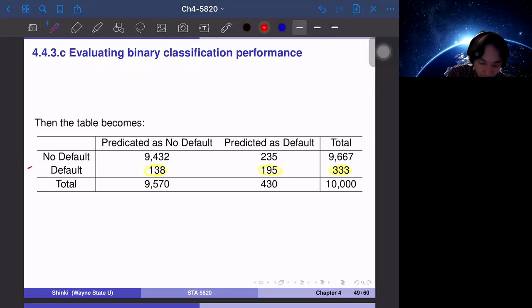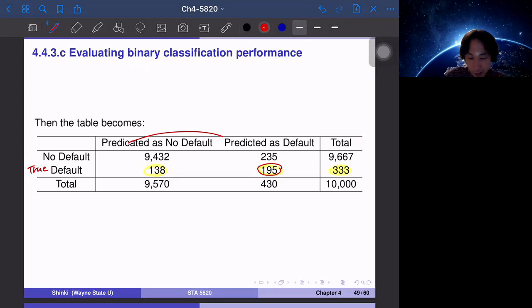This is the true class, and this is predicted. Now we predicted 195 people correctly. Last time only 81, but this time we get much better sensitivity, almost 60%. Last time only 25%. So if we change that boundary, we can change the sensitivity.